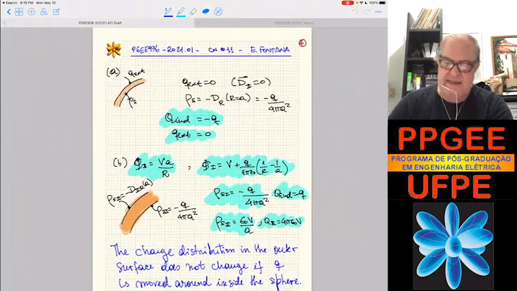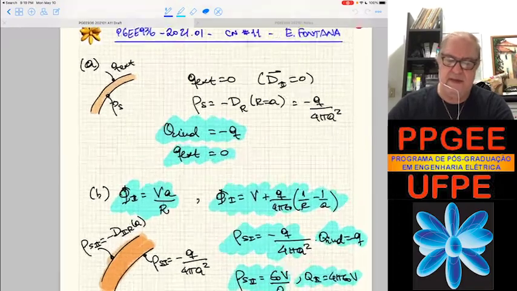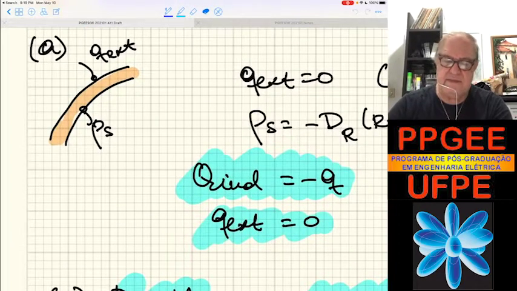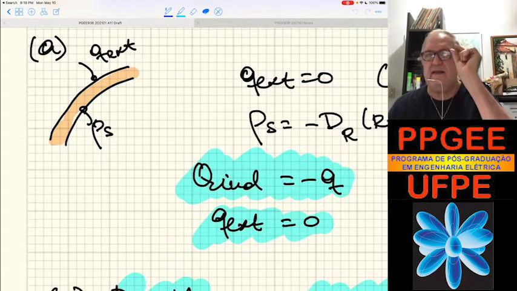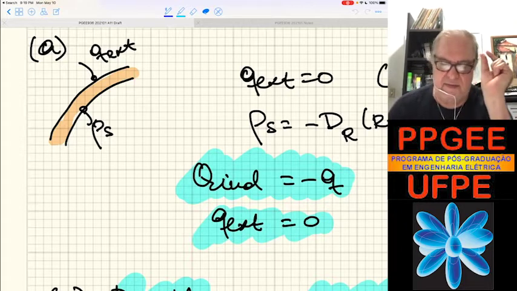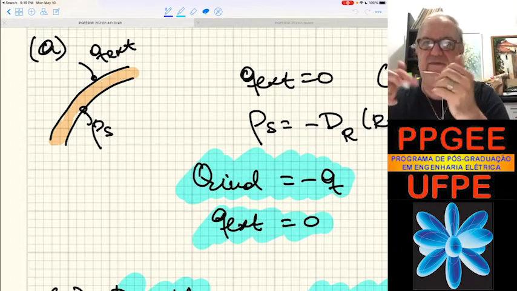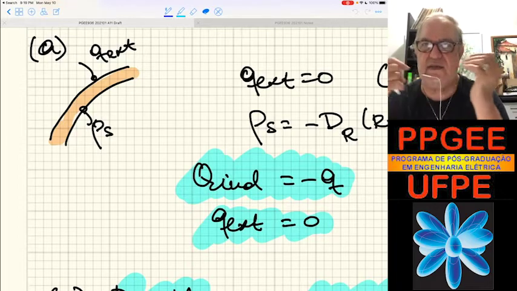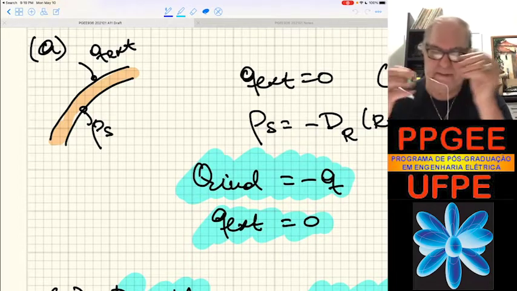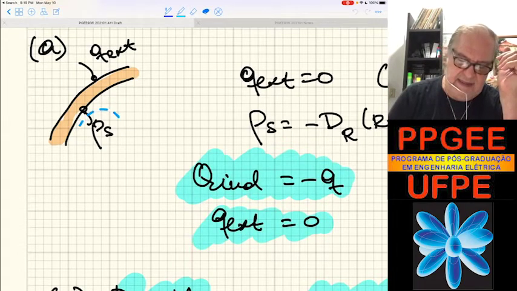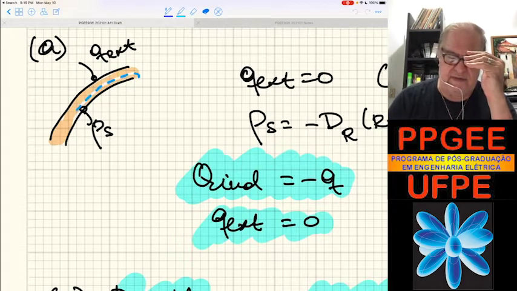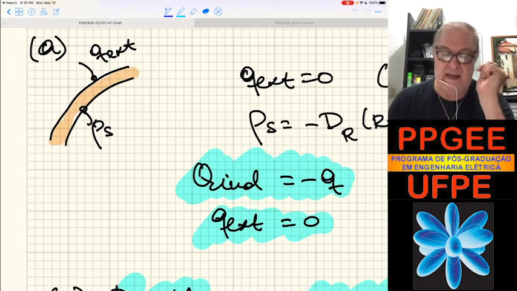How exactly is this possible, right? Notice that the shell has some thickness. It's a conductive material. We know that the static fields inside of conductors are always 0 for equilibrium to be set. So we have a charge density on the inner surface of the conductor, which is the surface here, right?